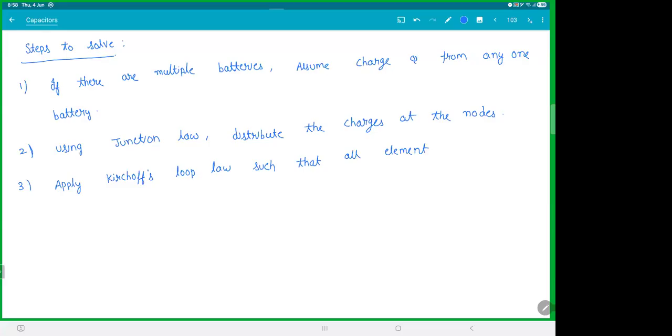Means if there are 5 different elements, when you write equations, each element should be there at least in one of the equations. That one element must come at least in one of the equations. I'll show you what it means. To find C equivalent, sometimes they will just give you a circuit and say find C equivalent. Assume a battery giving charge Q.